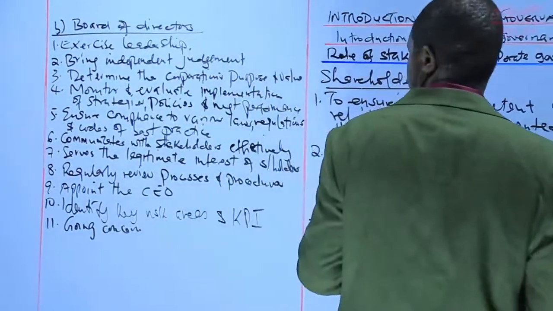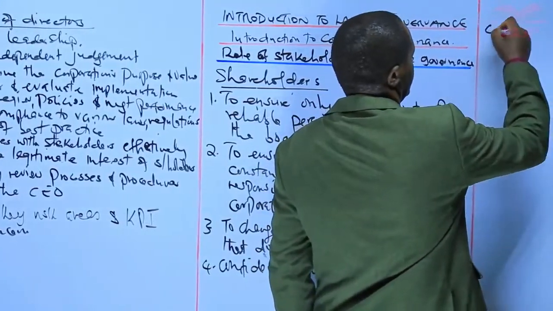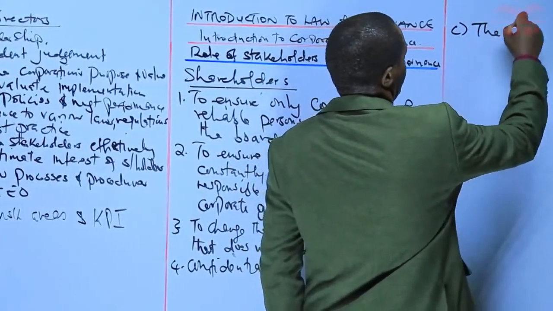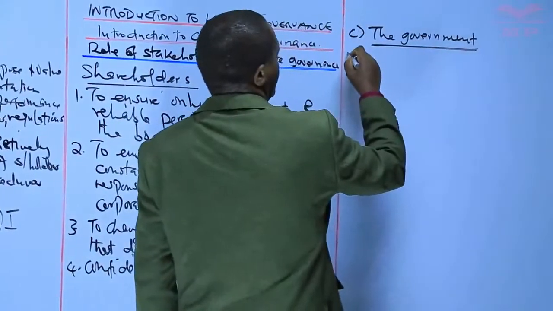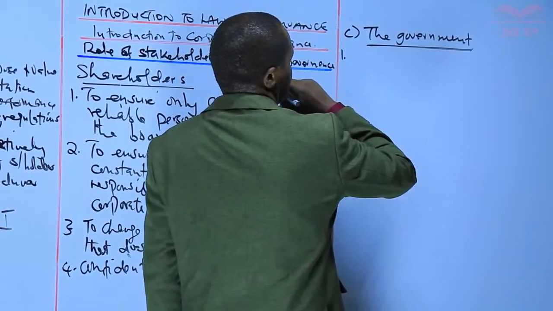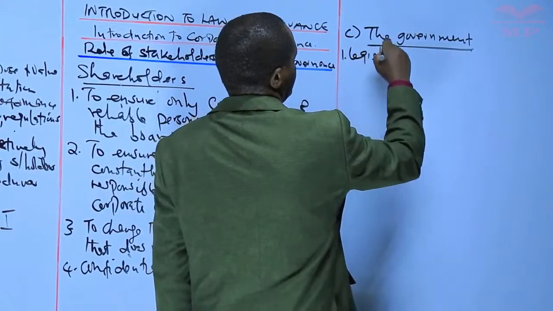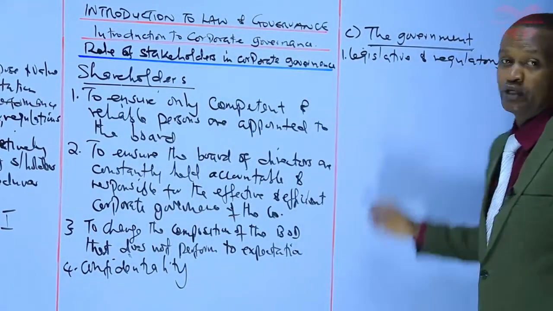We are going to discuss the last stakeholder, C, the government. The first role that the government plays is legislative and regulatory.